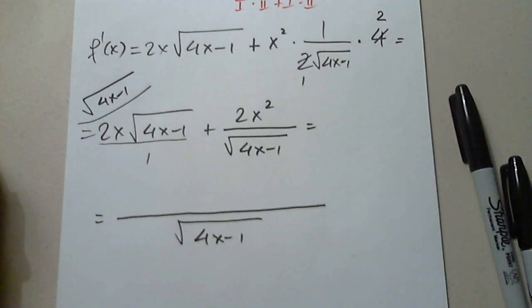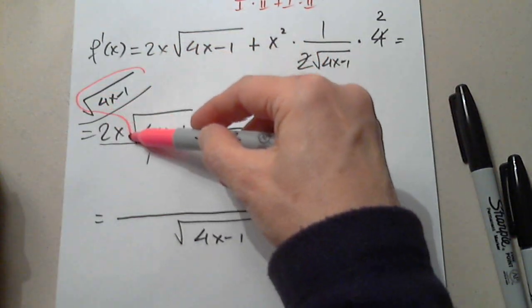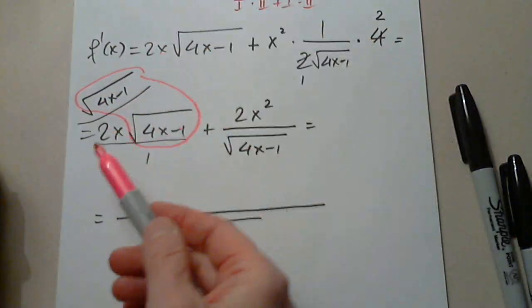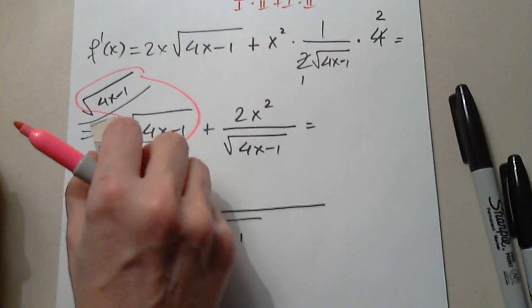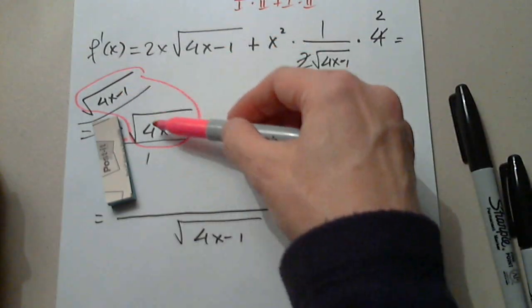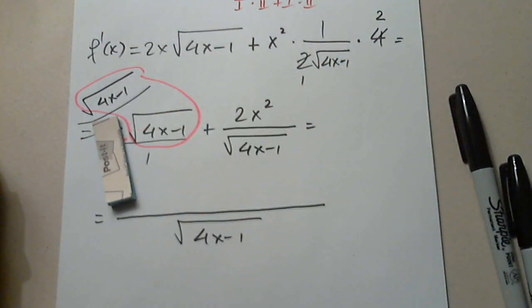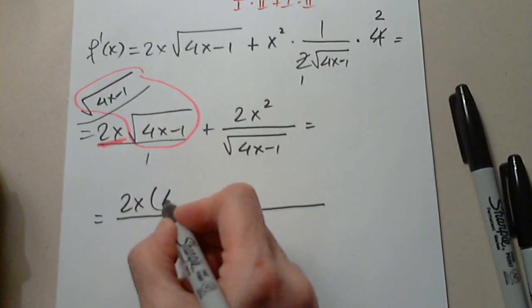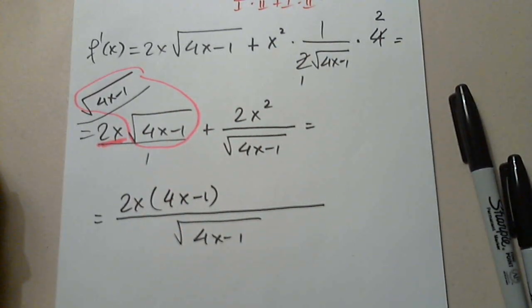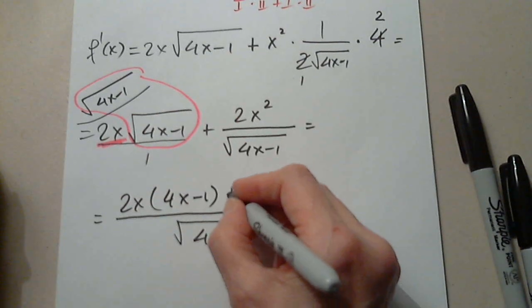When we multiply just these two pieces, can anyone tell us what we get when we multiply these two? And then we will multiply by 2x, but not now. When we multiply these two, what do we get? 4x minus 1. Awesome. Thank you. Plus 2x squared.